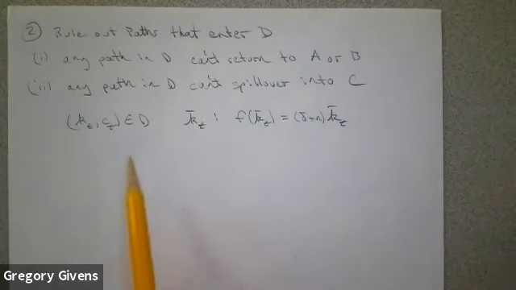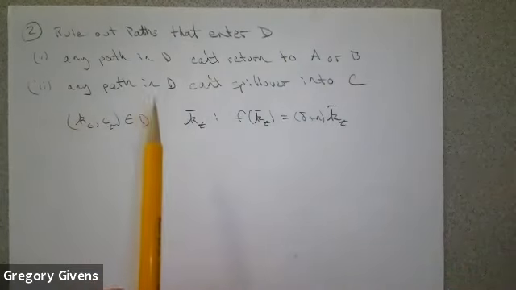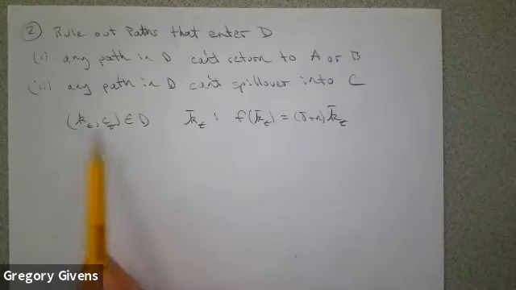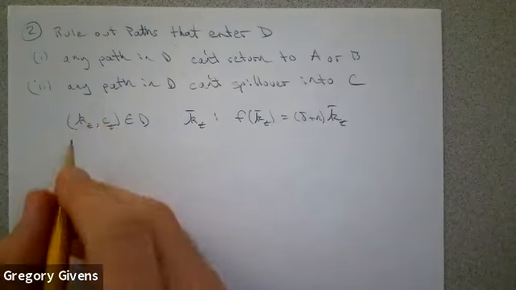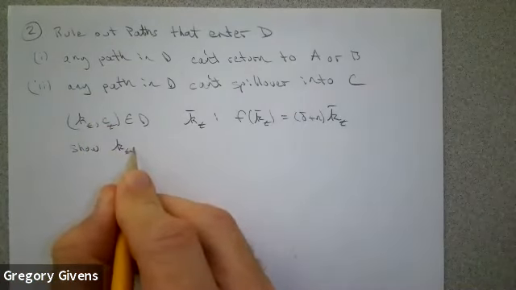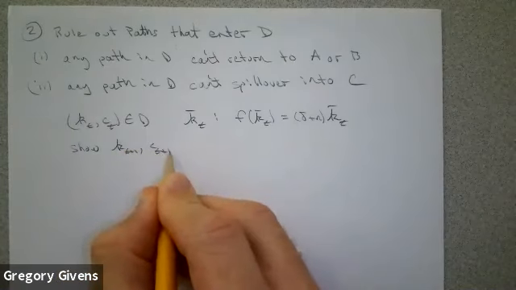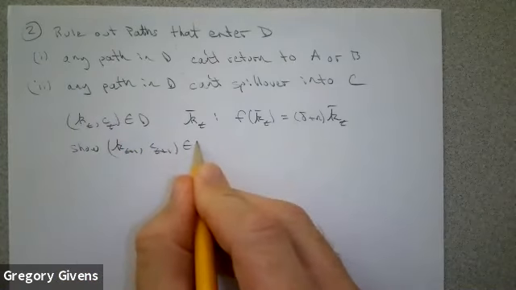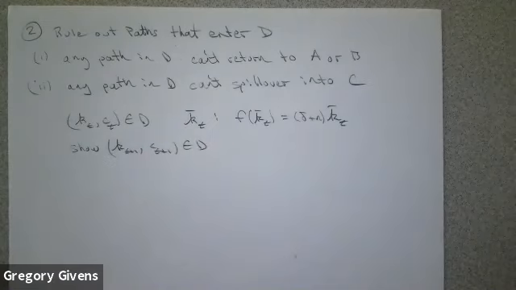What I want to show here is if I start with some arbitrary point KT, CT in region D, that KT plus 1, CT plus 1 also necessarily has to live in region D. In other words, it can never spill over into region C. Can I show that?